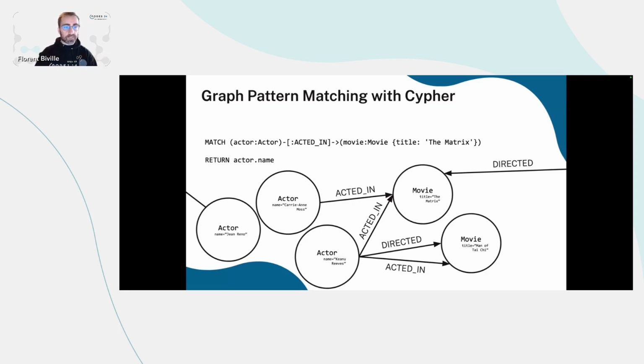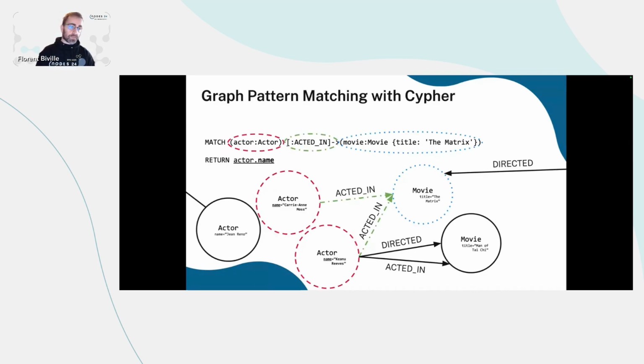And so in that case, I'm just asking Neo4j to find me all the names. So if we start with return, I'm asking for the names. So the actor variable is bound to a node pattern with a label actor. So the names of the actor nodes that acted in a movie, the movie is called The Matrix. The movies, maybe there are several ones, right? Unless there is a uniqueness constraint on title, maybe there are several ones, we don't know.